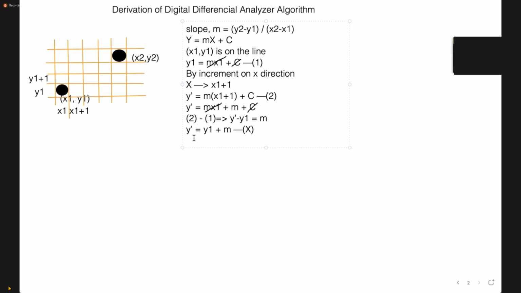Right. So now what we are going to do is derive an algorithm for the line drawing.